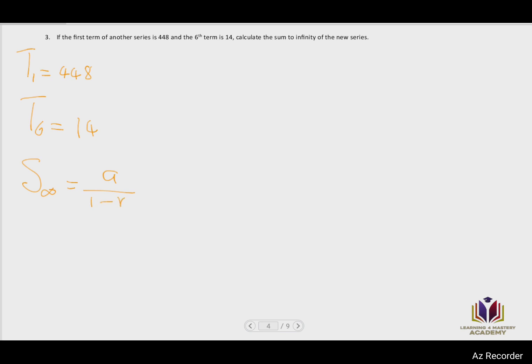Right? Now, it's important for me to mention this. Do not rely on the formula sheet, okay? When you're preparing for your final exams, do not rely on the formula sheet. These formulas, you have to know them, okay? You have to know them. It's very important.